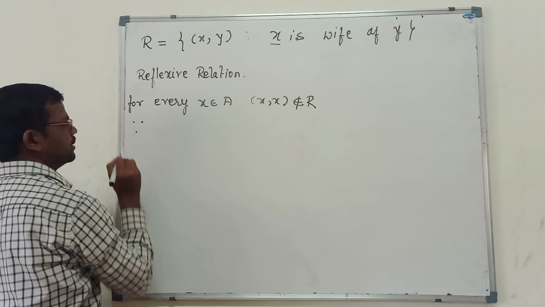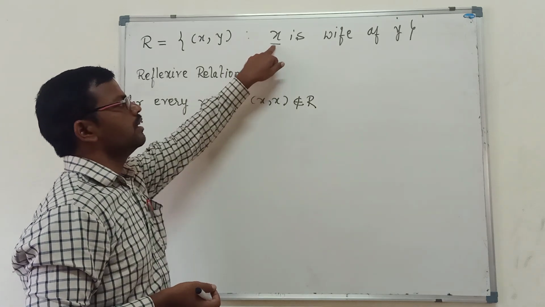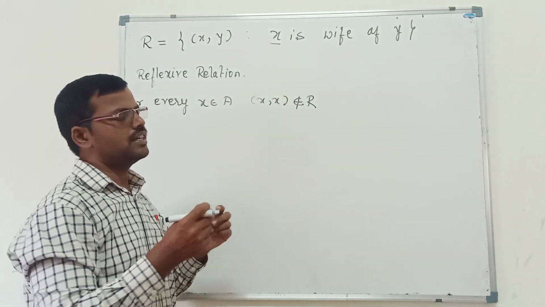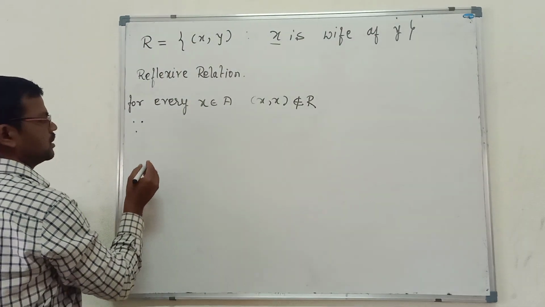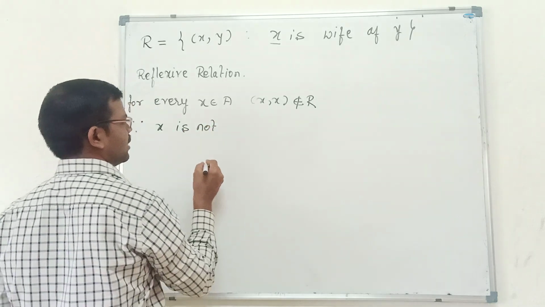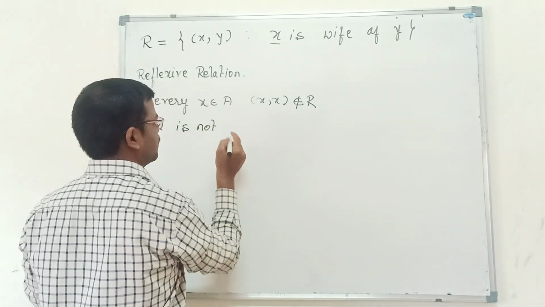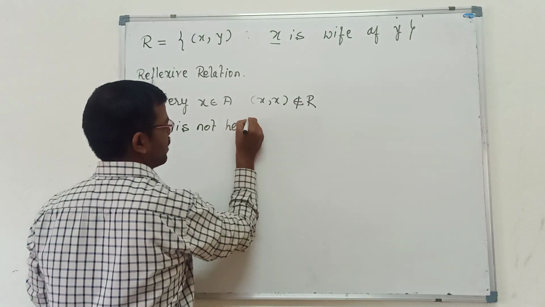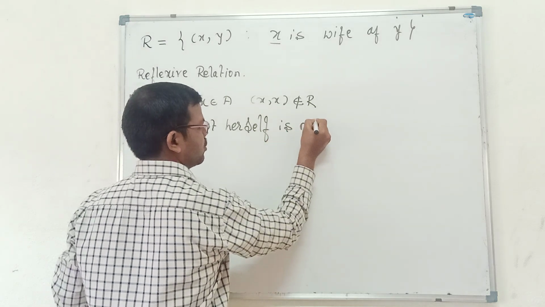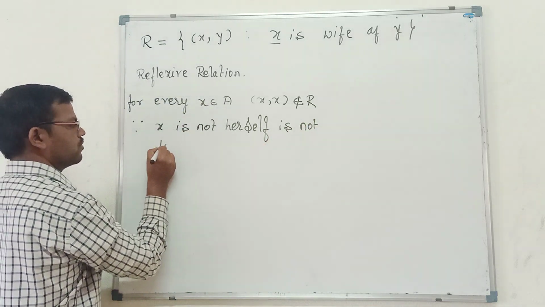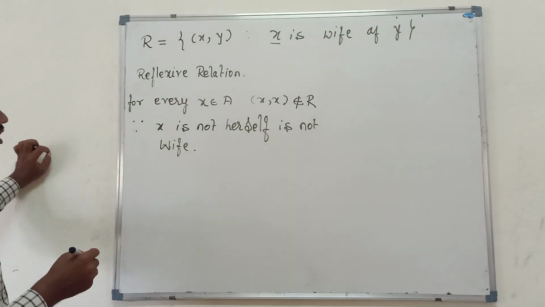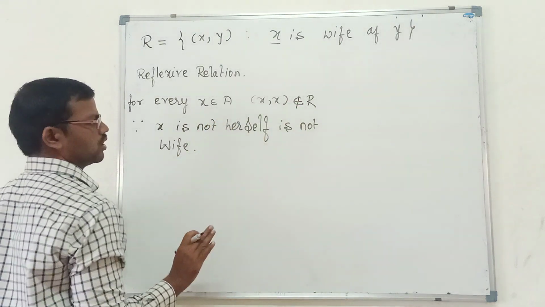If x is a woman, she is never her own wife, because self is not a wife. Herself is not a wife. For that reason, (x, x) does not belong to R.